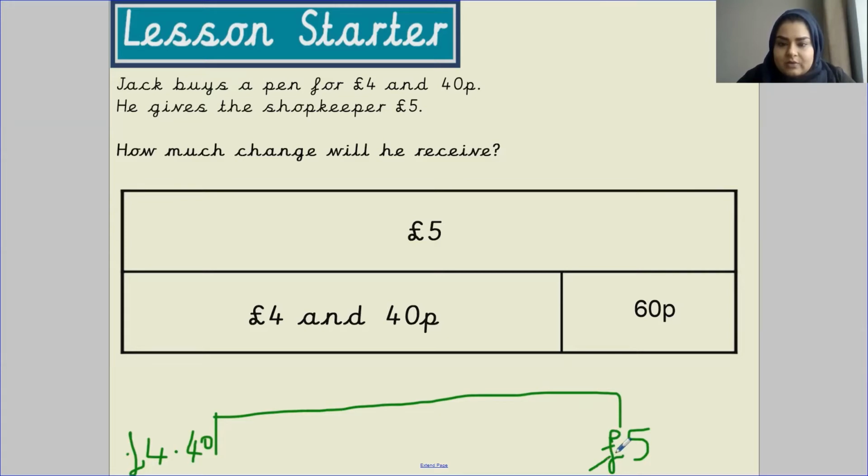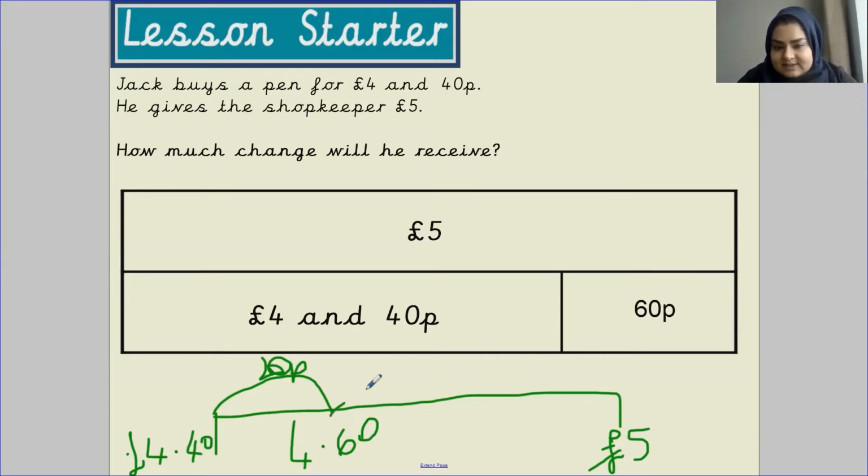Okay, so I am going to go up in 20s because it's the easiest way. So 40p add 20p equals 60p, so £4.60.